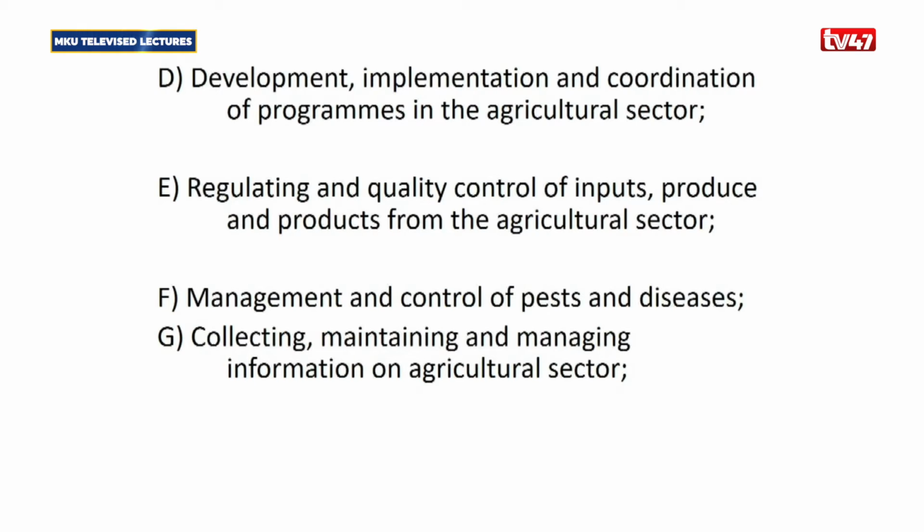Then it regulates and does the quality control of inputs, produce, and products from the agricultural sector. Then it manages and controls pests and diseases. Then it collects, maintains, and manages information on the agricultural sector, which is very, very key for this unit.